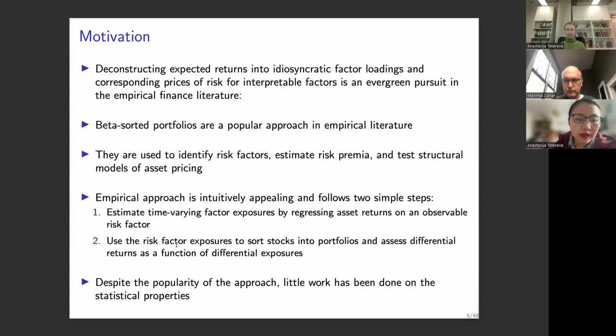The second step is to use the estimated regression coefficients from the first step and sort the stocks into portfolios based on them. It's a very popular approach in empirical work, and little work has been done to study the statistical properties of this procedure.